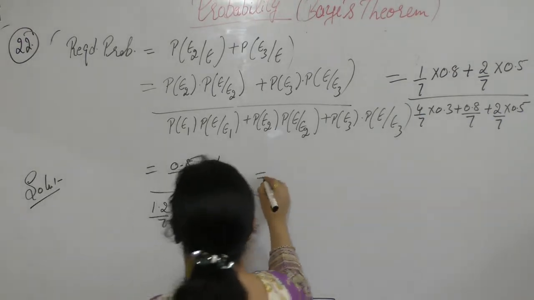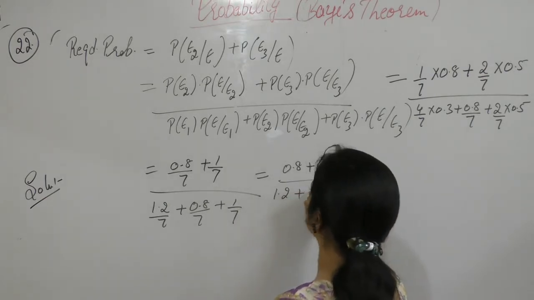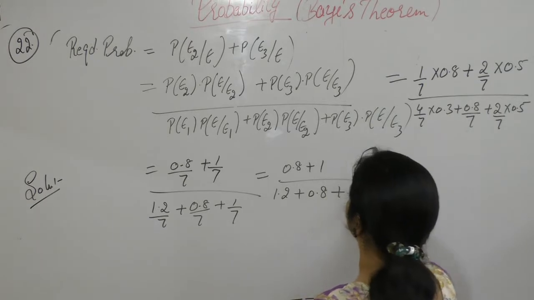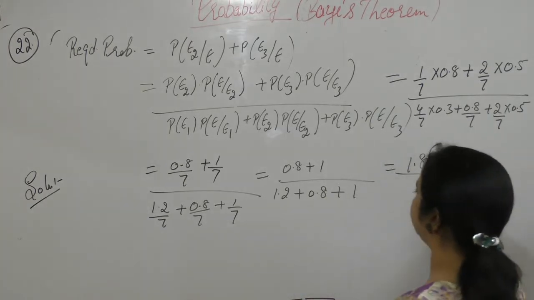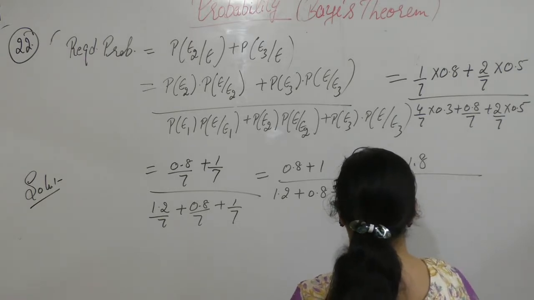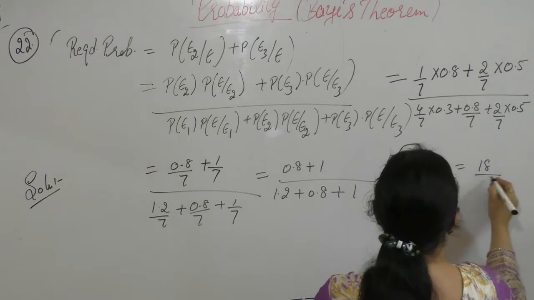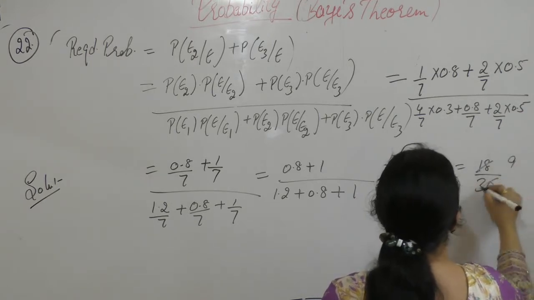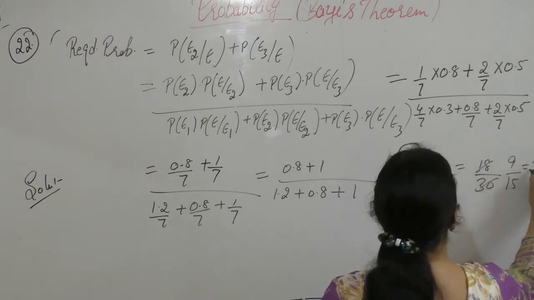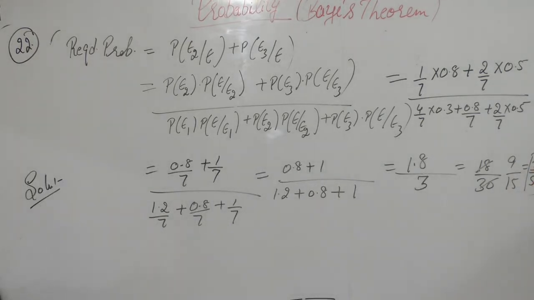Take the LCM as 7. 1.2 plus 0.8 plus 1, 1.2 plus 0.8, 2 plus 1, 3. So 18 upon 30, which is 3 by 5.